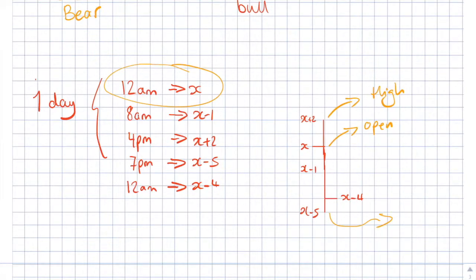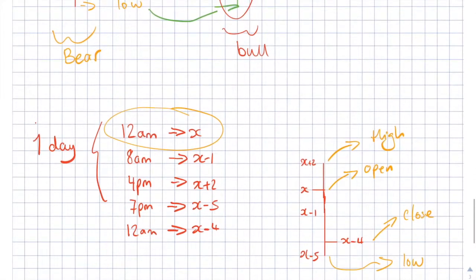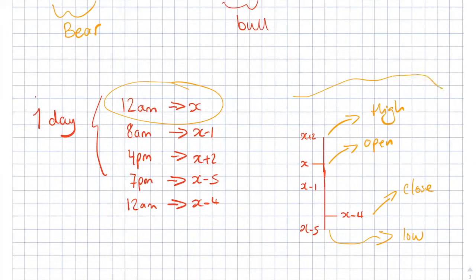That's the lowest that the currency rate has reached during that day. And then finally, before the day ends, it increases up to X minus 4. So that's the close price. And because the currency rate opens at X and ends at X minus 4, this is a decrease. So this is a bearish bar because it's decreasing.